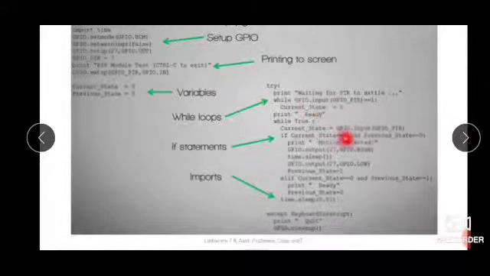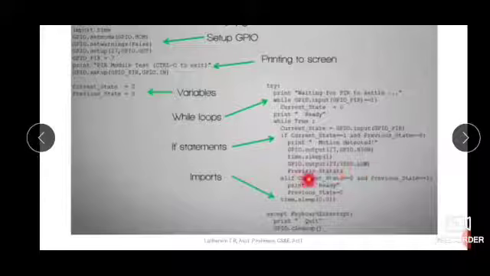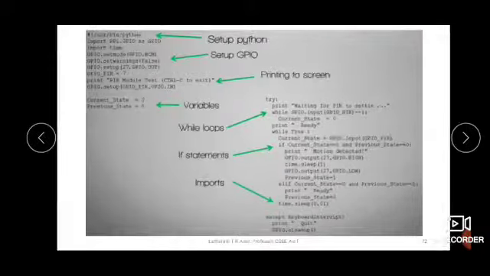If current state is 1 and previous state is 0, we print motion detected, the LED glows for 1 second, then the LED is off, then previous state is set to 1. But if previous state is 1, meaning motion was already detected, and current state is 0, meaning no motion now, then we say ready, set the previous state to 0, and wait for the input.